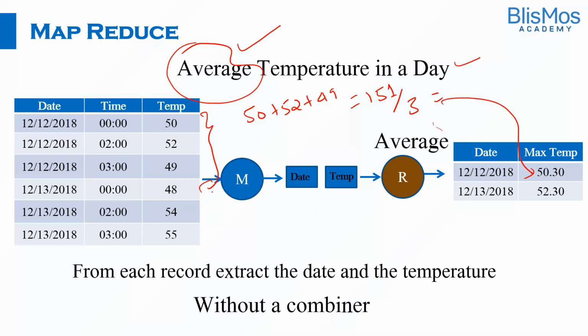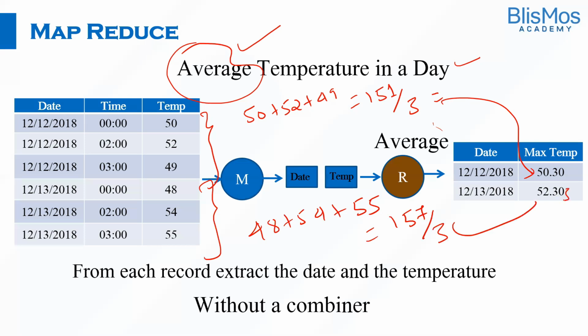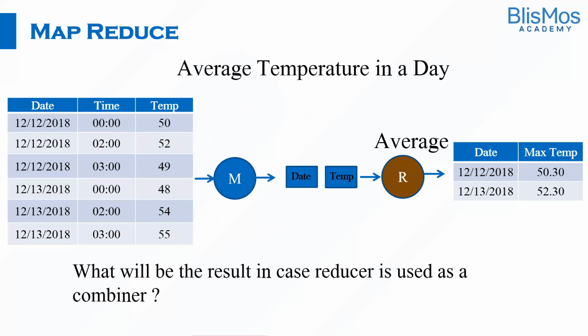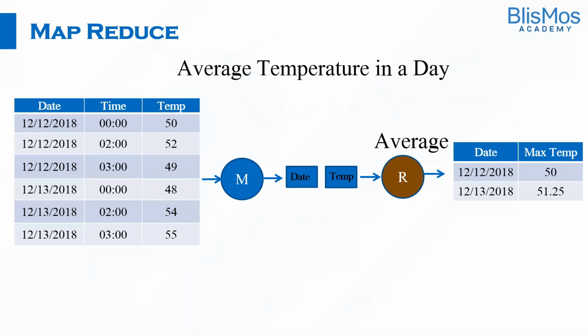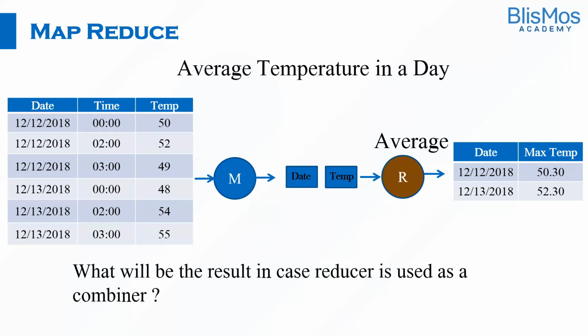And let us try to combine these results. 48 plus 54 plus 55 is equal to 157, and divided by 3 is 52.33. We have just rounded it off to 52.3. This is the actual result without a combiner. Now let us introduce a combiner and see what would be the result.